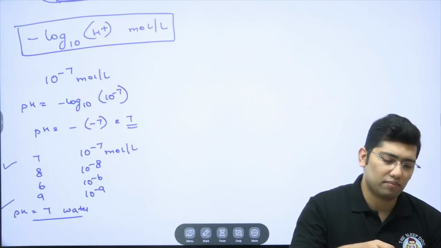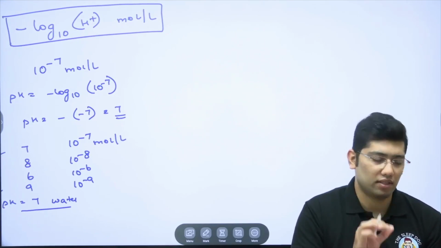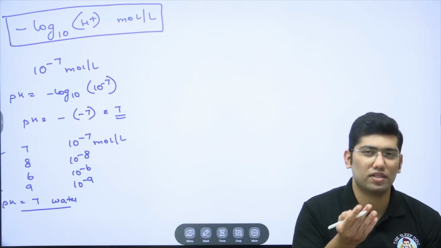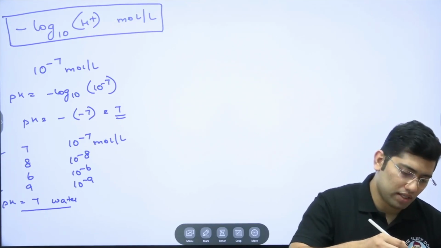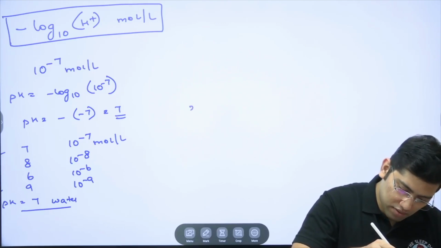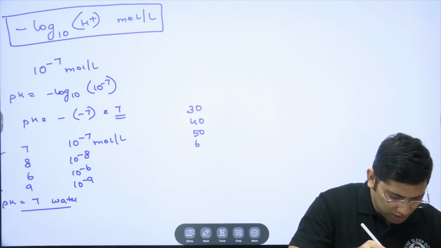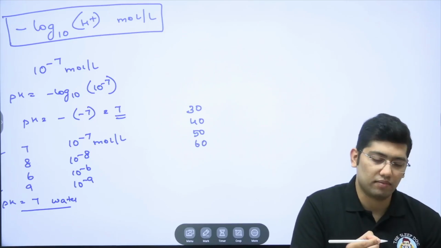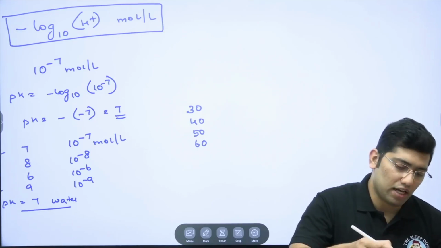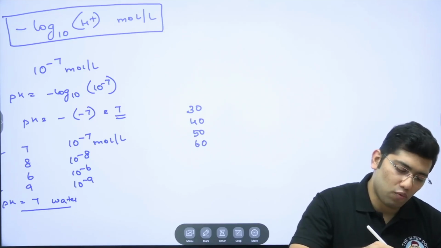Now a small hack to remember the hydrogen ion concentration with the corresponding pH. Just write down these values: 30, 40, 50, 60. Now, corresponding to this, let's see what the pH would be.